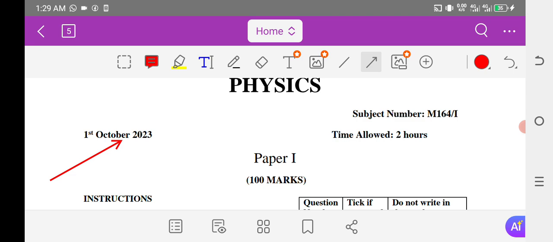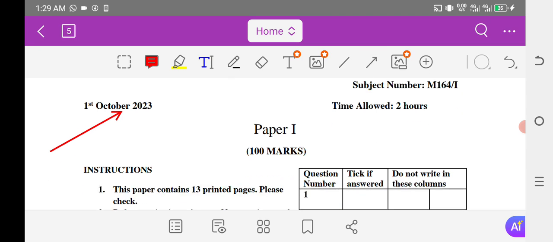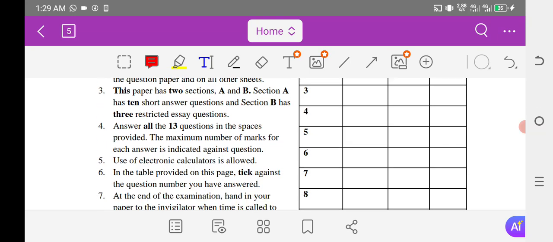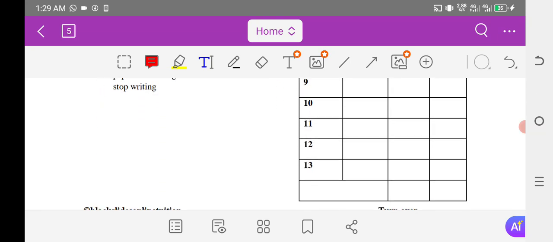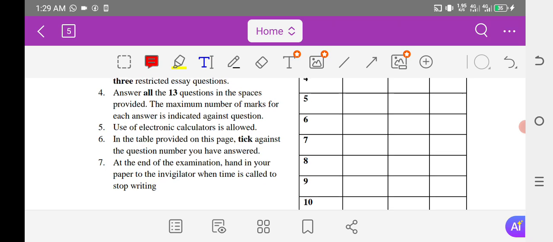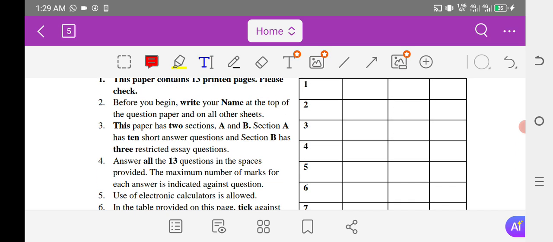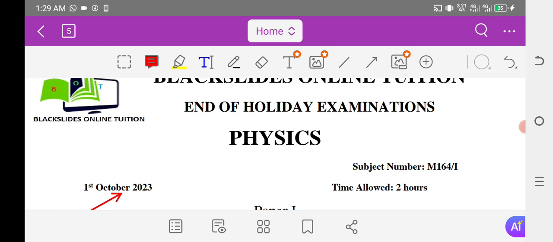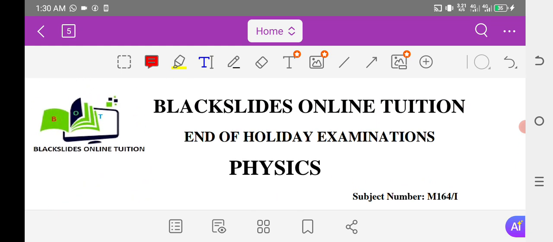which contains 13 questions split into two sections, section A and section B. The paper takes the structure of the MSCE paper, MSCE exam.